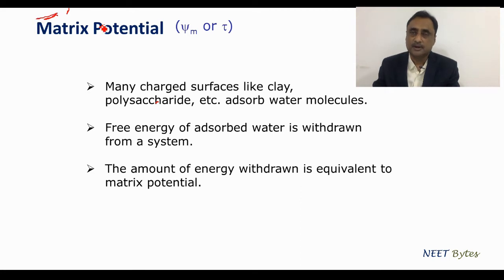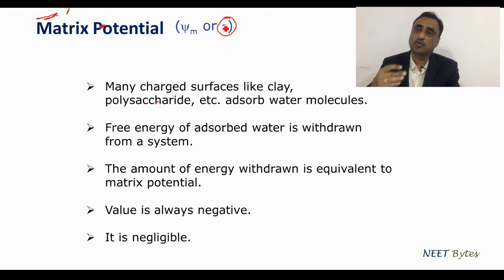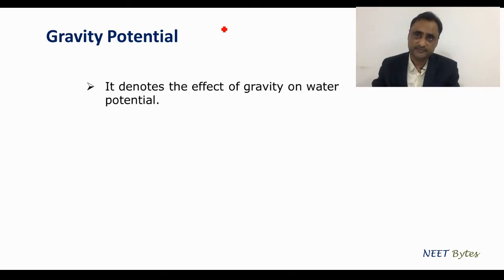In all our calculations, matrix potential is almost negligible in value, so for all practical purposes we don't take it into consideration. Similarly, there is gravity potential, which is the potential that a plant requires to overcome the force of gravity, and its value is also negligible.